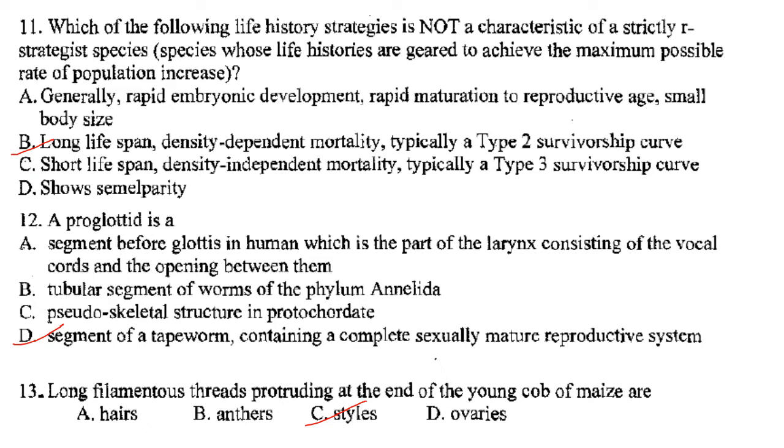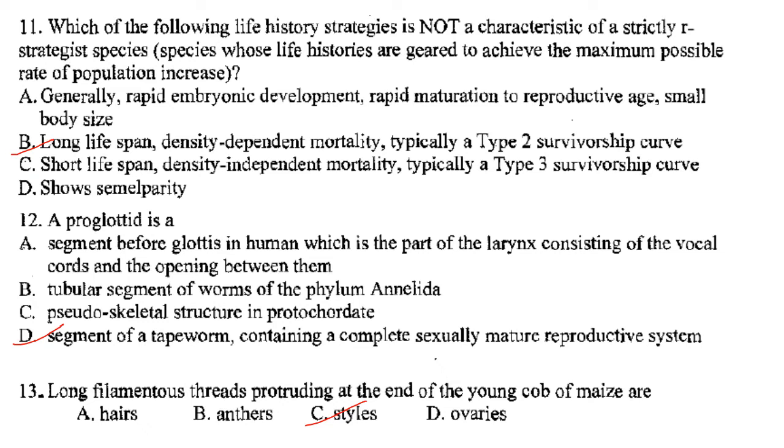Generally, rapid embryonic development, rapid maturation to reproductive age and small body size. So that is not correct. Then long lifespan. High density dependent mortality. So not characteristic. Okay. And typical of type 2 survivorship. So that is not characteristic of R selected species. So answer is option B.